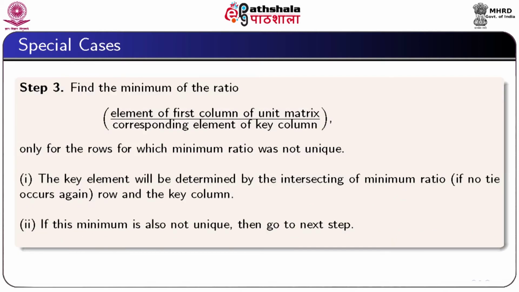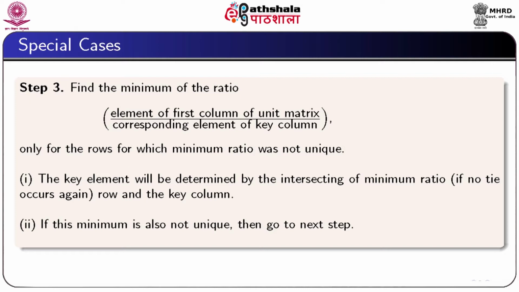Next, find the minimum of the ratio like this: element of the first column of unit matrix divided by the corresponding element of the key column, and this can be done only for the rows for which minimum ratio was not unique. If there is no tie in the minimum ratio, the key element will be determined by the intersection of minimum ratio row and the key column.